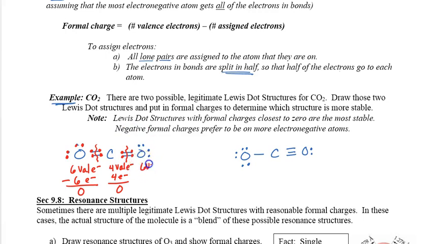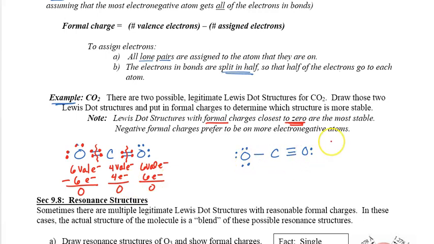It has 6 valence electrons and is assigned 6 electrons, so its net formal charge is also 0. So this is a very stable structure because its formal charges are 0. The closer you can get to 0, the more stable the structure. So that's why this is the structure of CO2.